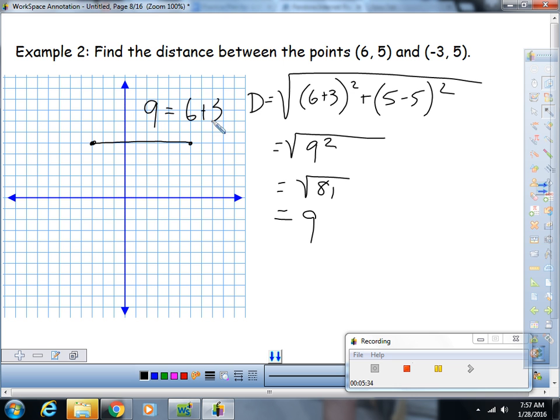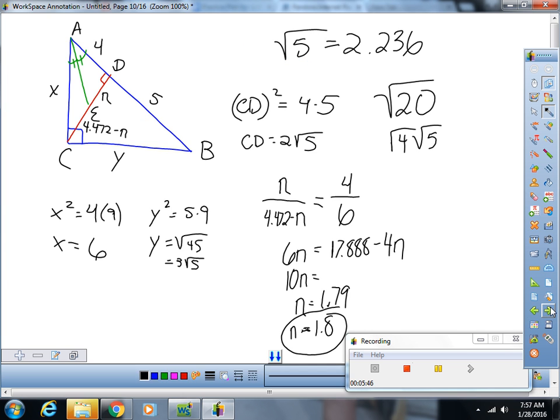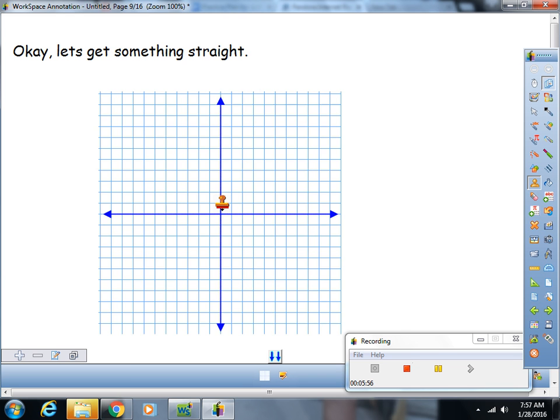Well, why am I wasting your time with this? Because I don't think all of you guys fully understand this. I think to some of you, you're like, geez, it's another thing we got to memorize. No. What is this? It's the Pythagorean theorem. That's all this is. Okay?